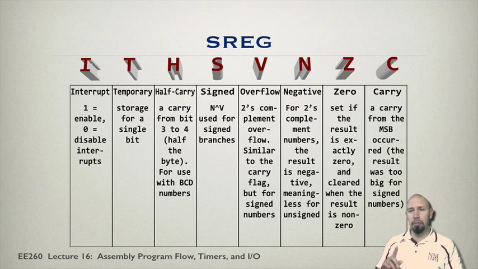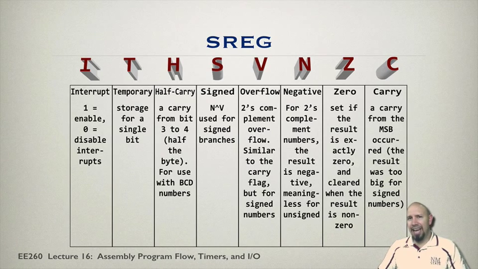But keep in mind, someone else might want to use that bit, so be careful. If you have an interrupt service routine that wants to use that bit too, you just ought to be careful. Although the interrupt service routine probably ought to save the status register so that when it returns out of the interrupt service routine, the status register is intact from when it came in.